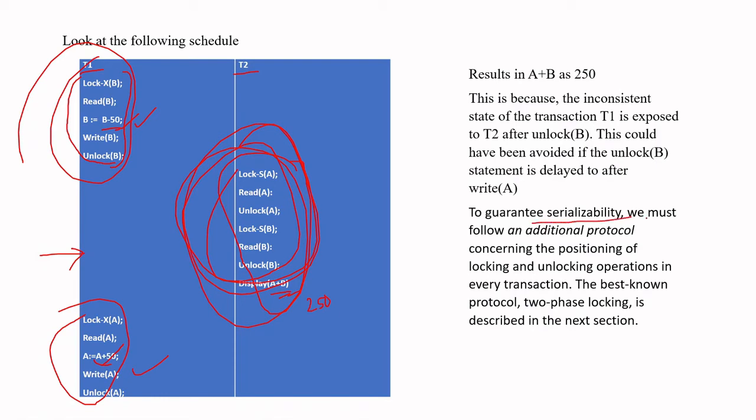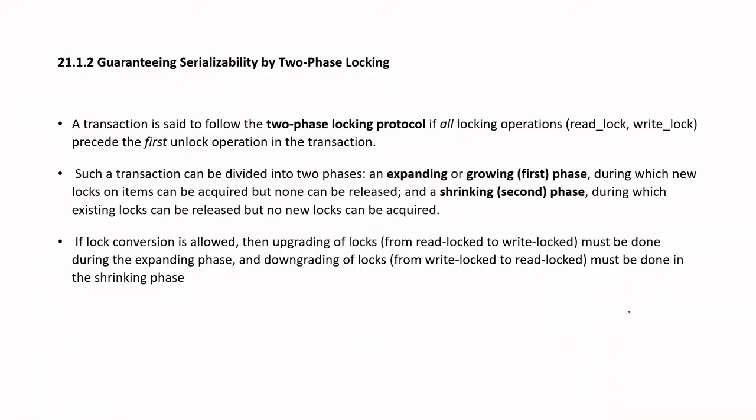To guarantee serializability, we must follow some additional protocols concerning the positioning of the lock and unlock operations. The protocol which is best known is called two-phase locking, which we will be looking at next.